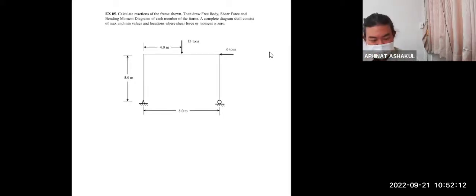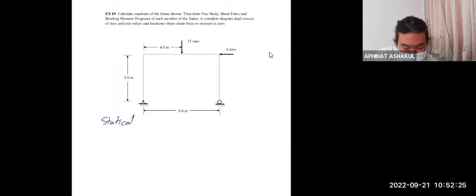And that means it is a statically determinate structure. Let's try to write it correctly, okay? Statically determinate structure. In this case, a frame.